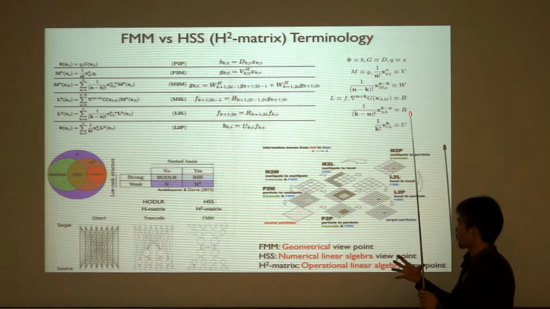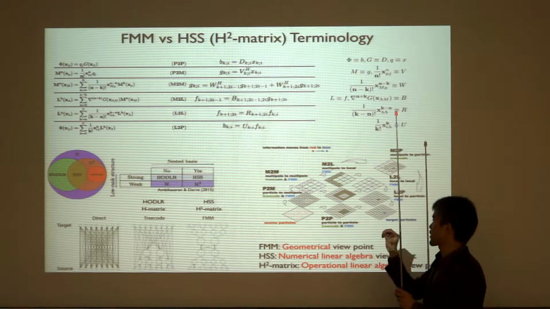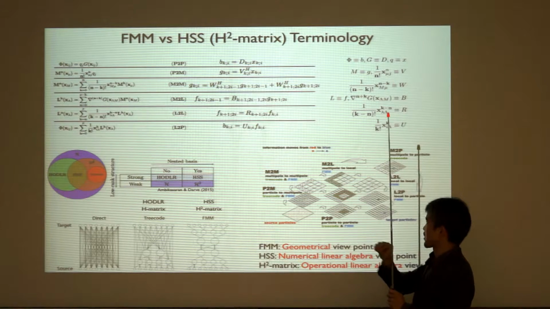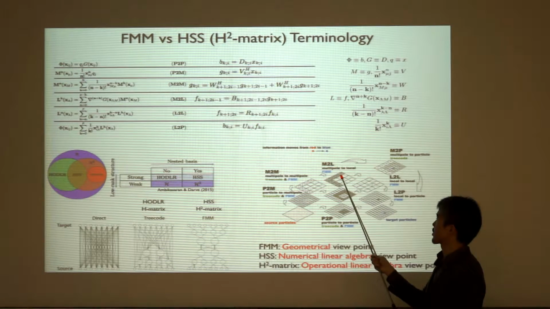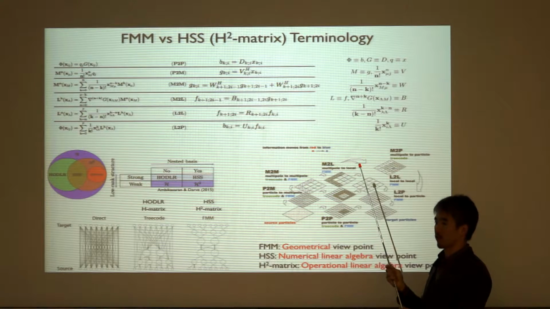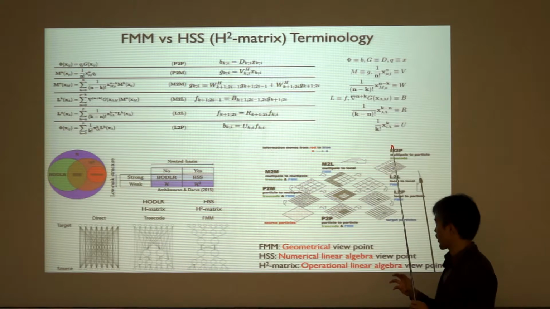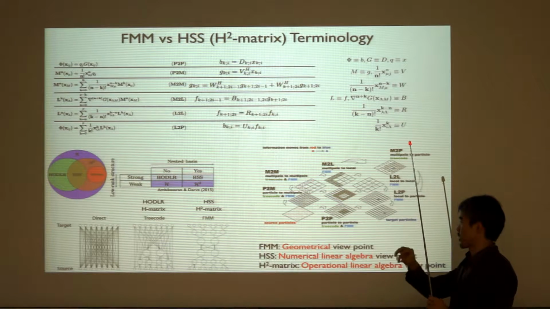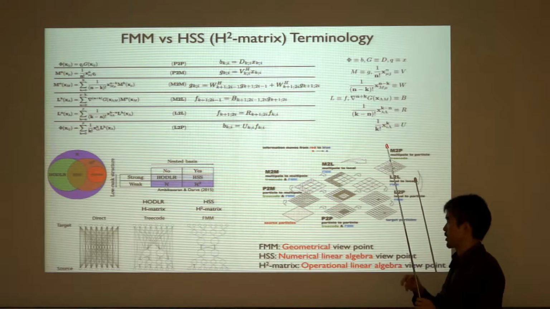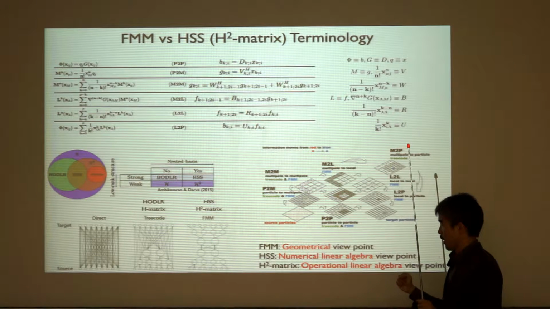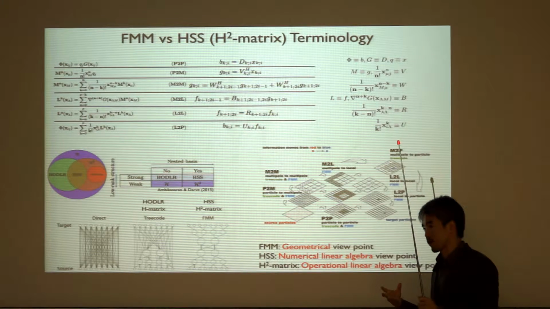And you place fake charges there that will reproduce the effect of the multipole at the center. So the strengths of those charges that you put there are sort of like sampling.